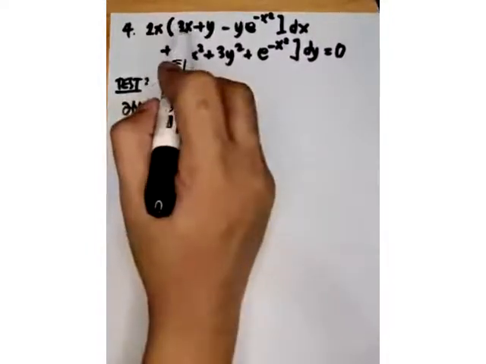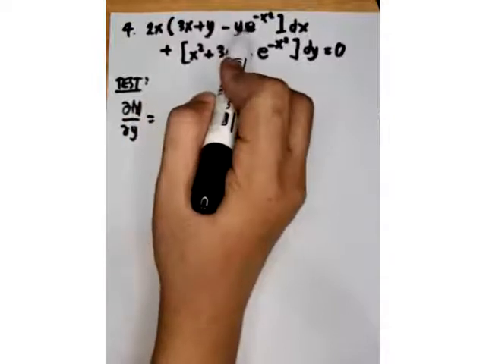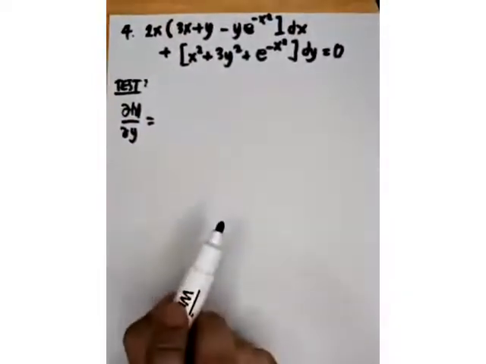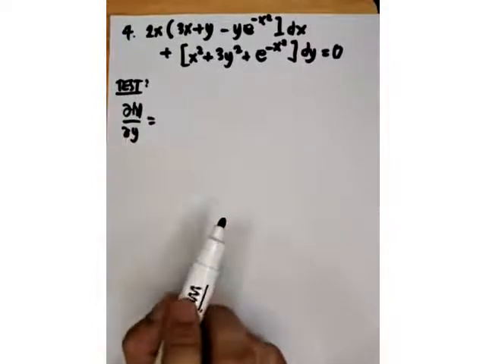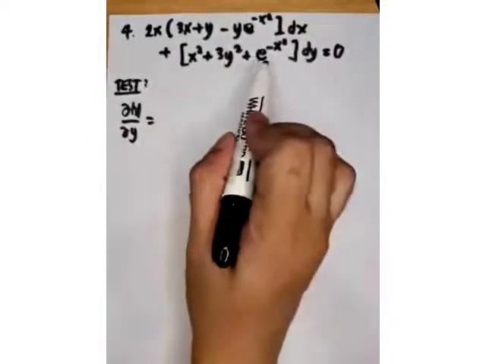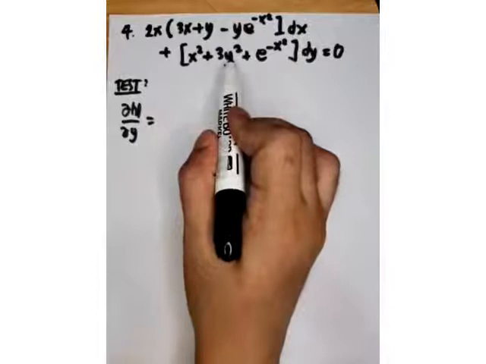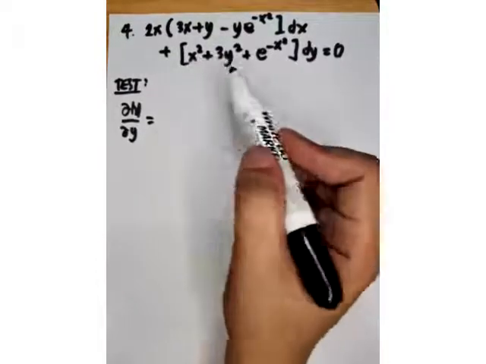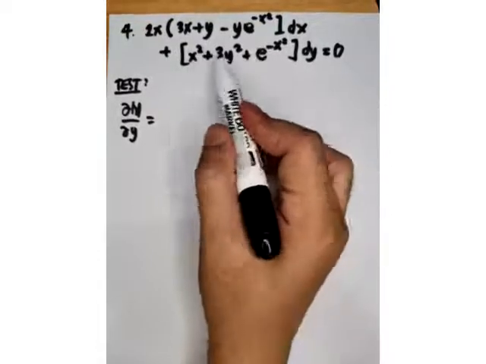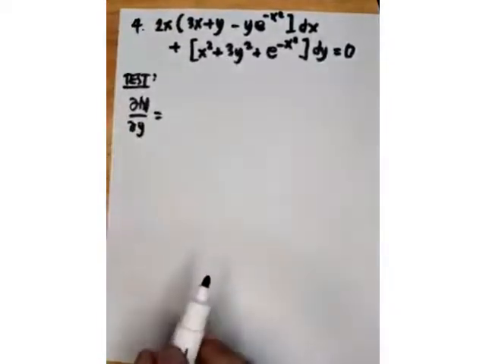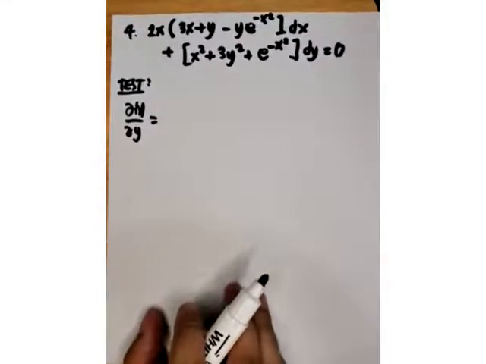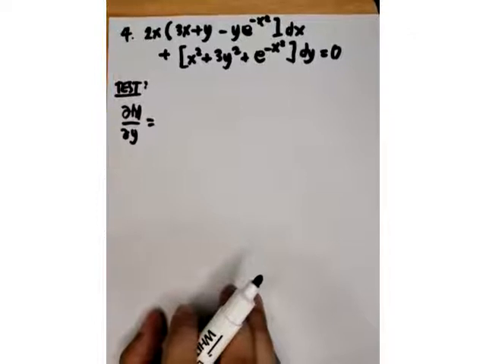Kung may y yung 3x, pwede natin i-factor out yung y, i-transpose natin sa kabila. Kung silang lahat may y squared, pwede naman natin i-factor yung y squared. Kaya dito pwedeng separable.